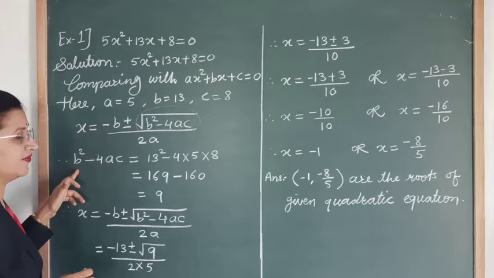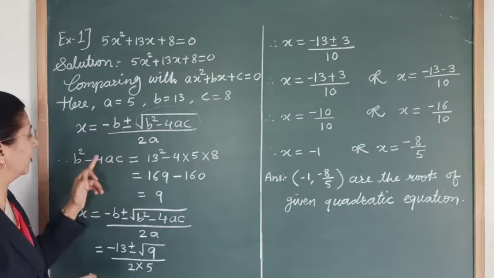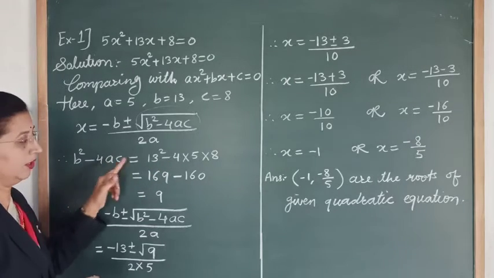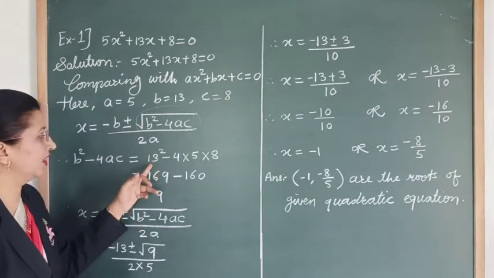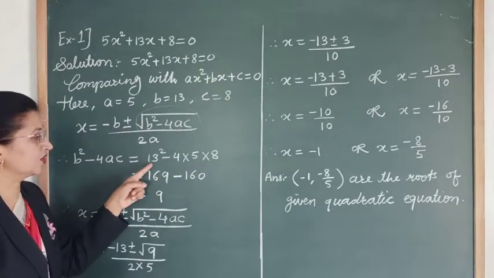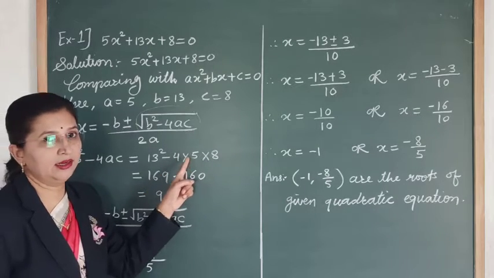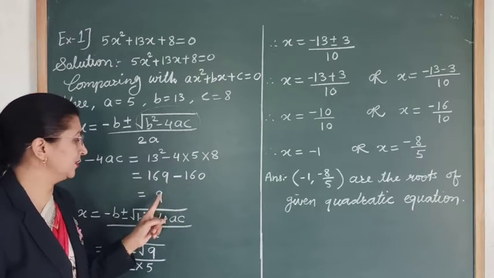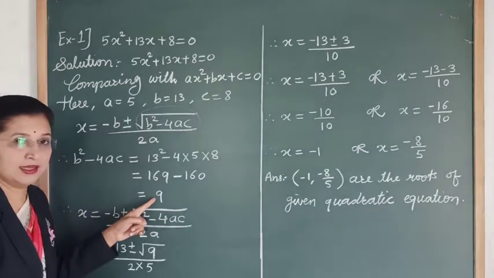So b square minus 4ac is equal to 13 square minus 4 into 5 into 8. The square of 13 is 169 minus, 4 fives are 20, 20 into 8 is 160. So 169 minus 160 is 9. In this way we got the value of b square minus 4ac, that is 9.